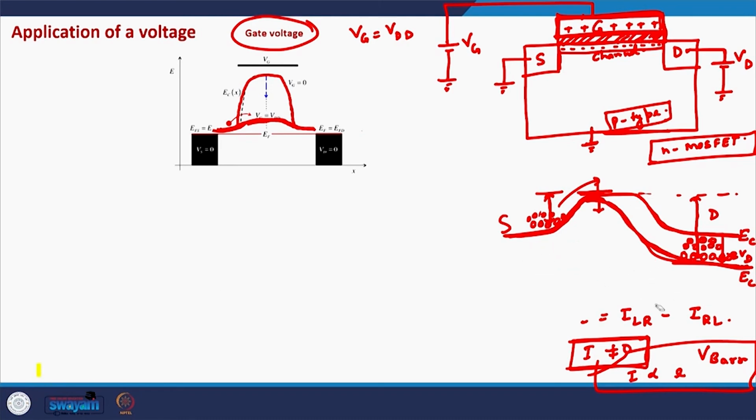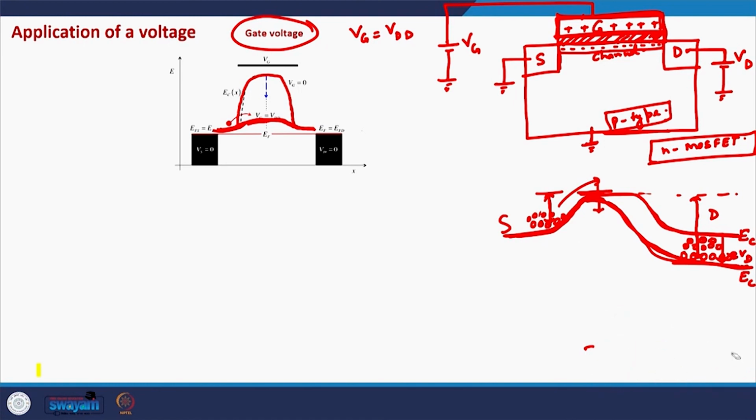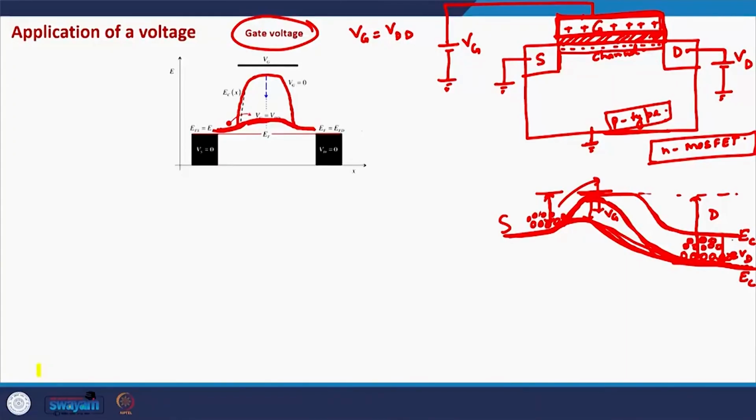So in this case, when both gate and drain voltages are applied, this barrier height is reduced, and the symmetry around the barrier is also changed. Now, with this positive gate voltage, it is more probable for electrons sitting on the source side to cross the barrier and go to the drain side, because the barrier is less.